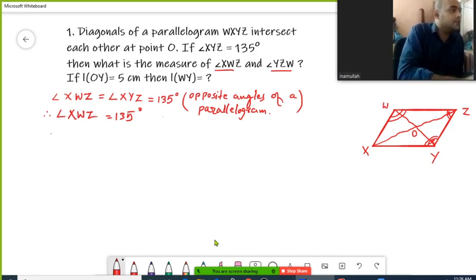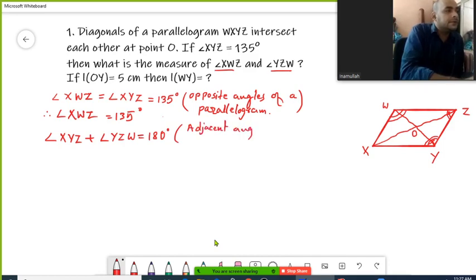So here we can say angle XYZ plus angle YZW is 180 degree. Adjacent angles of a parallelogram.